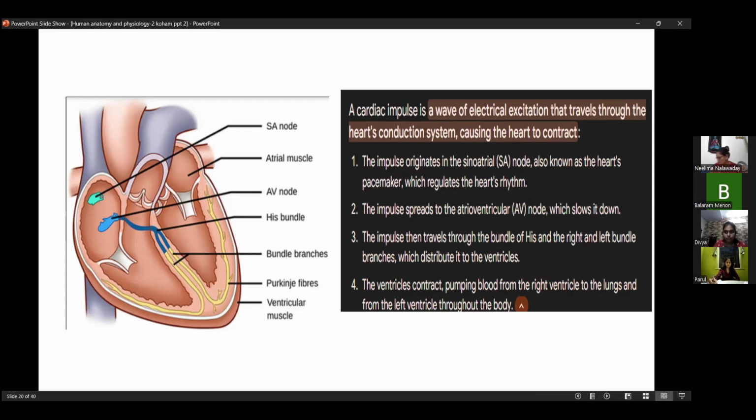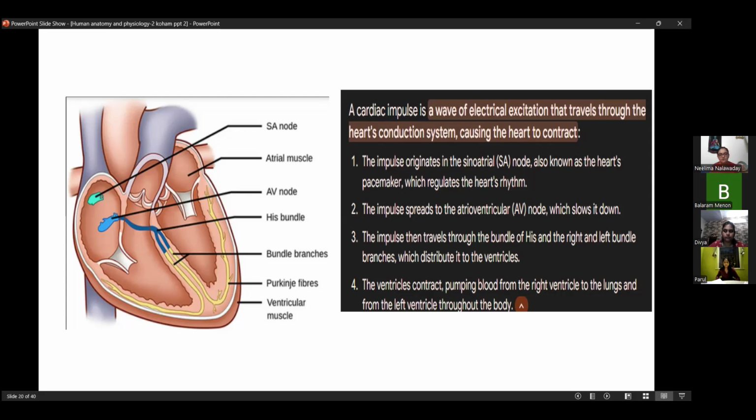When we get our ECG, electrocardiogram, we see how these electrical impulses are generating and how these electrical forces control the contraction and relaxation of our cardiac muscles. So this SA node generates the electrical impulse.